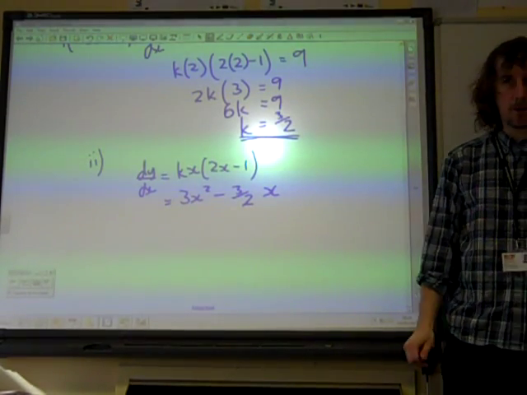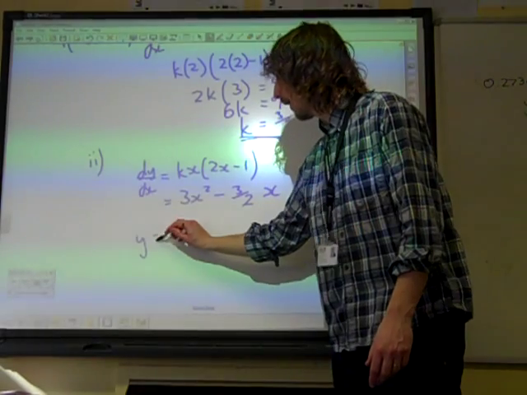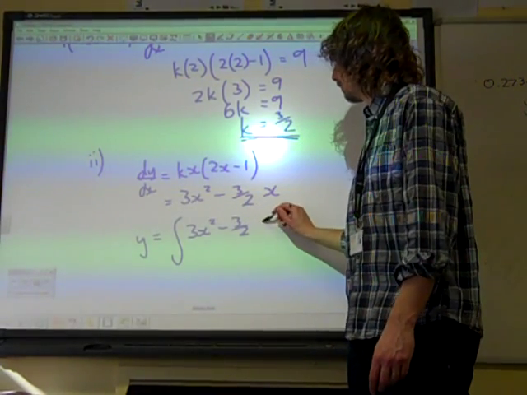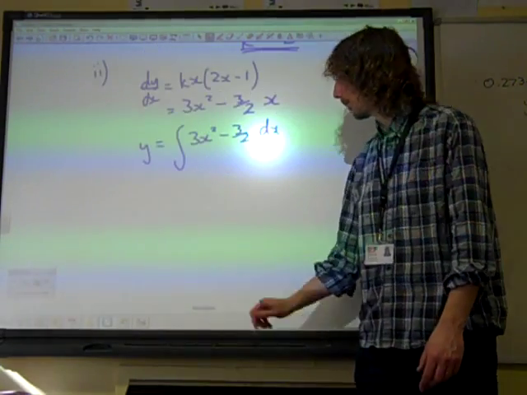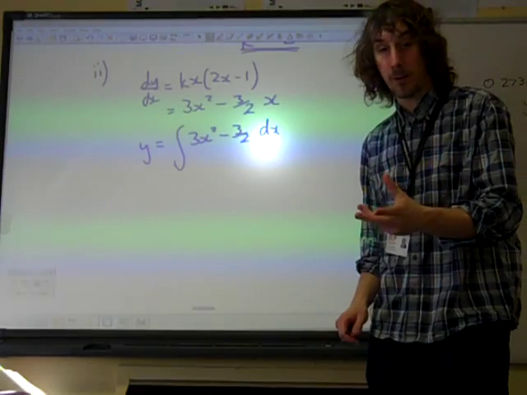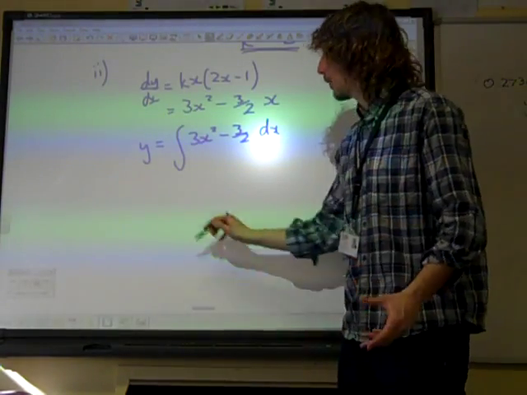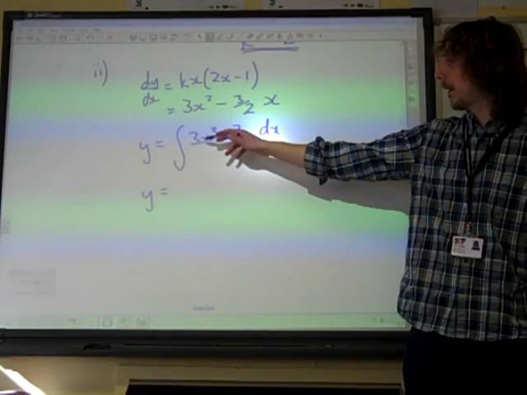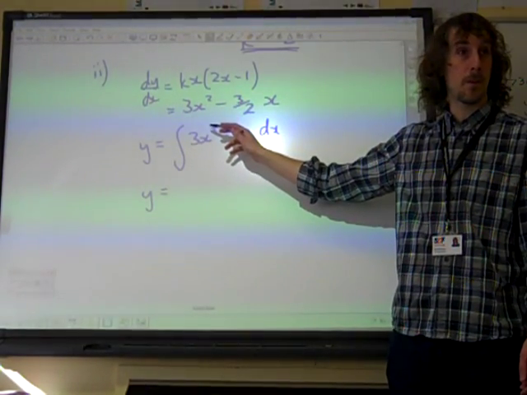We're going to undo the differentiation by integrating: y is the integral of (3x squared minus 3 over 2 x) dx. Remember, in Core 2 you're going to get loads of marks for doing your integration, so we're going to do this really carefully, make sure we don't make any mistakes. Add 1 to the power, makes it x cubed.